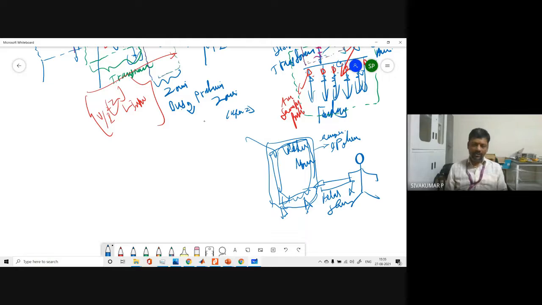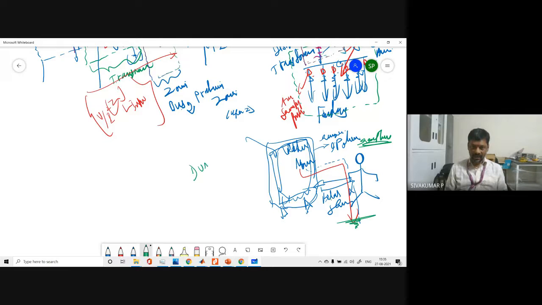So we want to bypass this inductive energy to the ground. So this is one way. This method is called earthing.